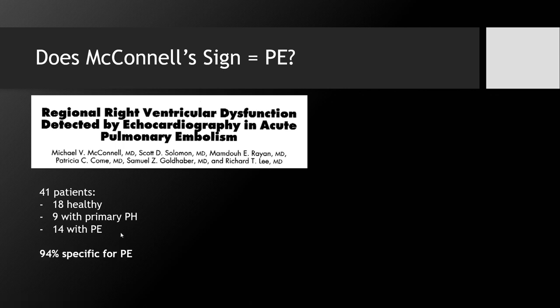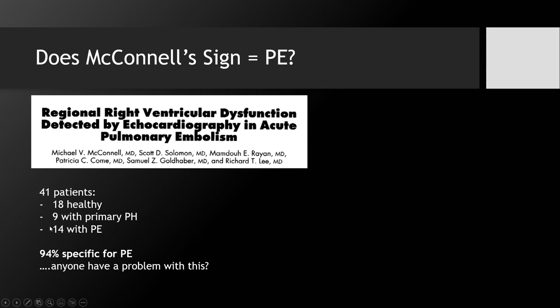They found in this study that McConnell sign was 94% specific for PE. This has carried over and has led to people ascribing a high specificity of McConnell sign for PE. But I asked our live audience if anyone had a problem with this study, and people did.